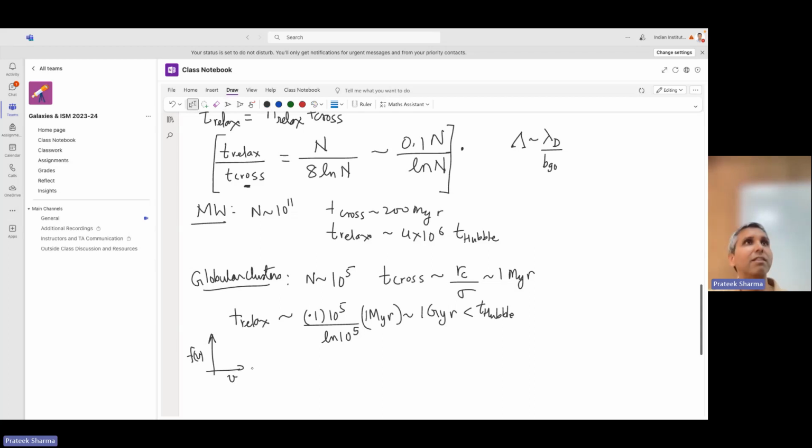This is the 3D velocity, like speed. So you have, like in gas, right? This velocity, let's say, is the escape velocity from the globular cluster. So you will have this portion of stars which will escape the globular cluster.